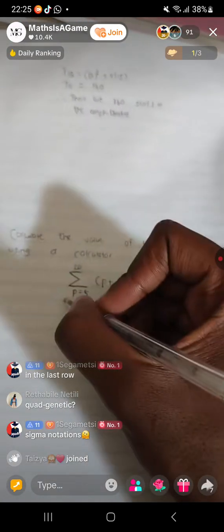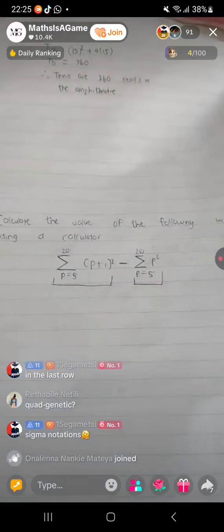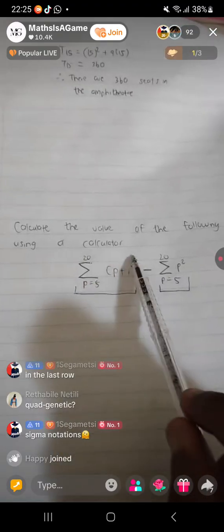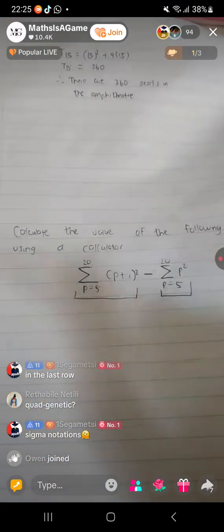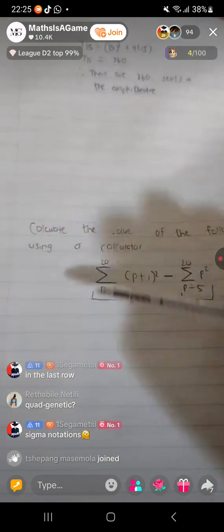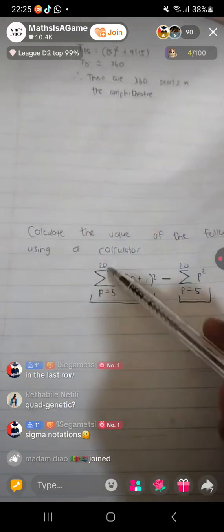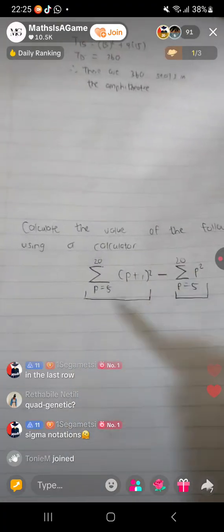So it's this minus that. And I think what's nice then is to establish the number of terms we are dealing with here for this sigma and that sigma.